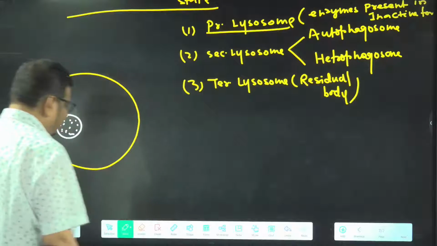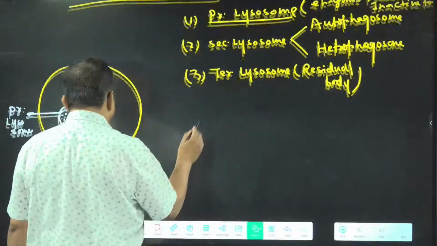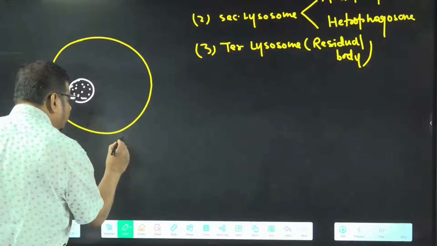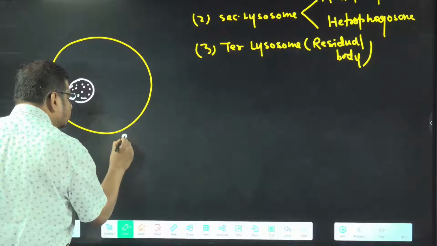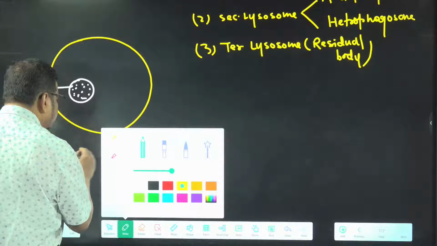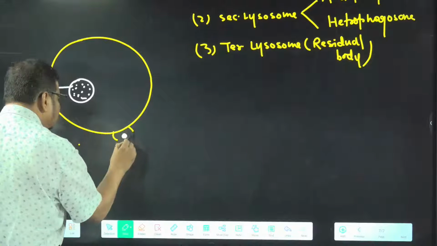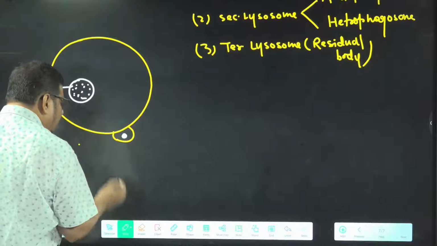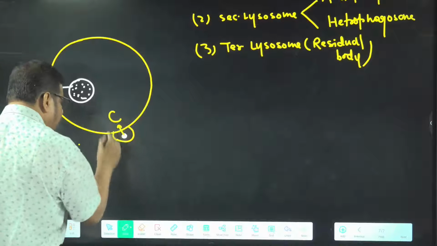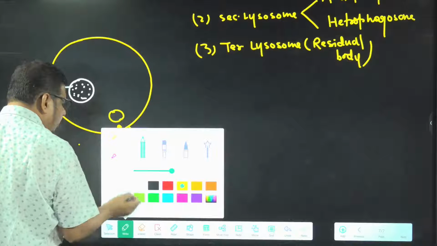Suppose that this is an amoeba cell. Now here food is there in the amoeba. So this food is captured by amoeba. You just try to understand. Food is captured by amoeba, and when food is captured, this food will come in and be present inside a vacuole called food vacuole.